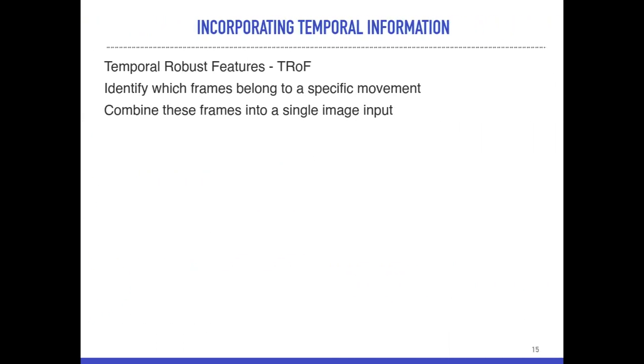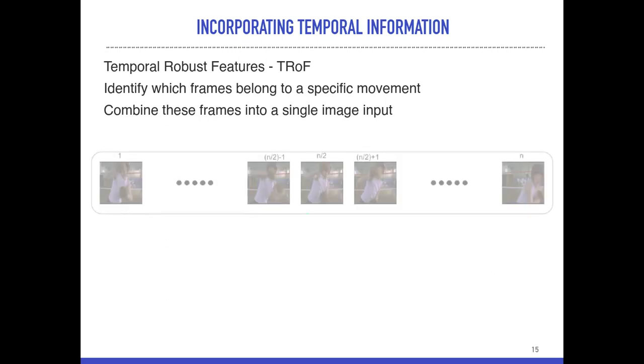One method is to make use of the 3-channel nature of an RGB image. First, we use the temporal robust features detector, a detector developed here in HICOD, to identify a set of frames centered at a point in the image that belongs to a specific movement.